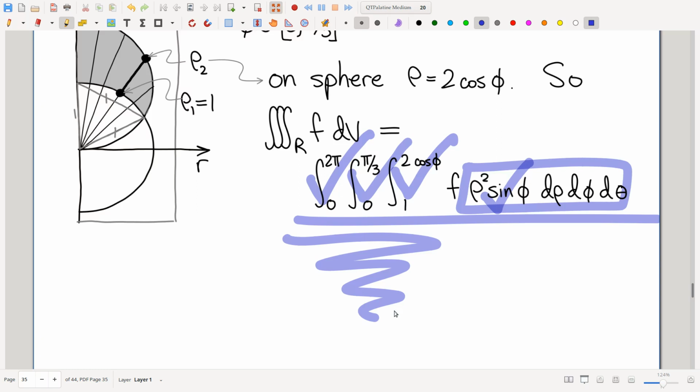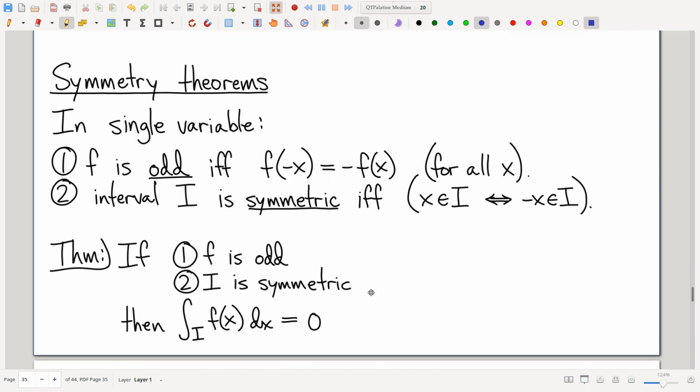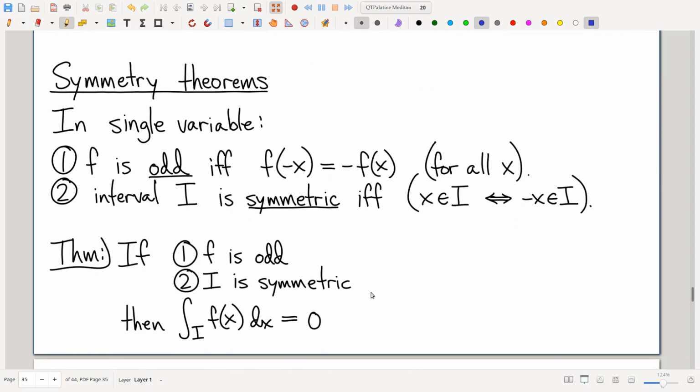Okay. So we now have 15 minutes, as I had hoped, to talk about symmetry theorems. Now this is like 5 pages of notes on symmetry theorems. It's way more detailed than it needs to be. When I have loads and loads of time, I like to talk through those details.